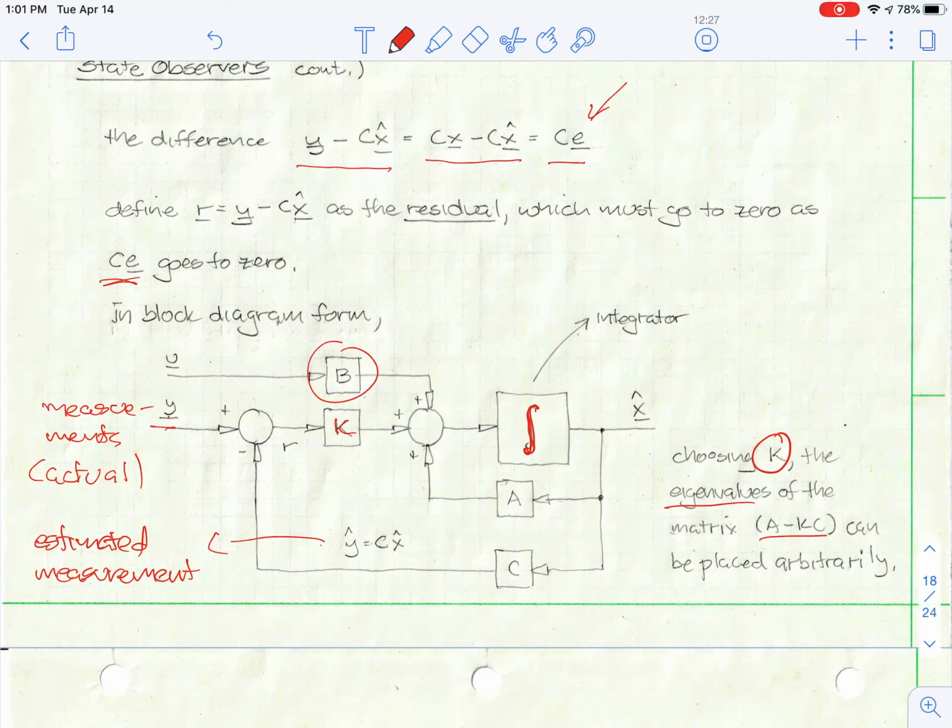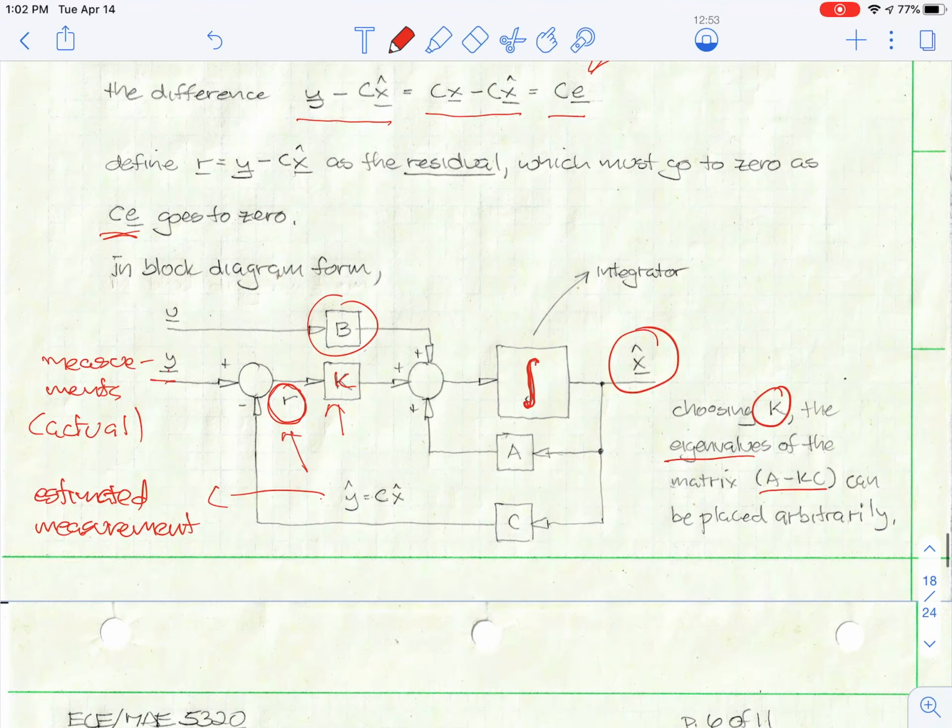And if all goes well, when I choose K, this will eventually settle into a state where this R, or the residual, or the error E, is pretty small. And in that case, if R is small, then I'm getting a good estimate of X, and I can then use this. A couple of things I want you to notice.